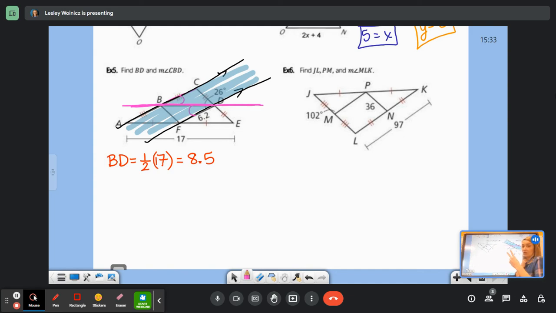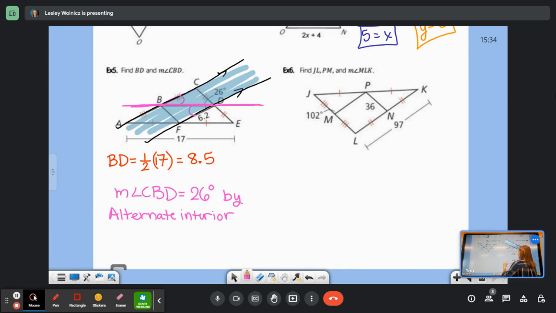So if I know that the angle BDF is 26 degrees, then so is the angle that I want. So the measure of angle CBD is 26 degrees by the alternate interior angles theorem.